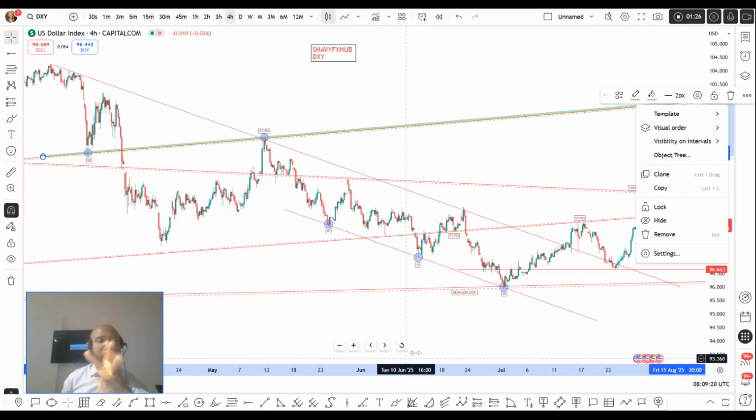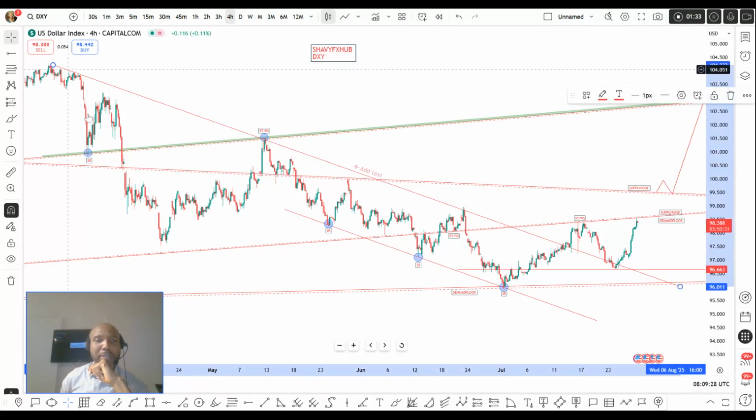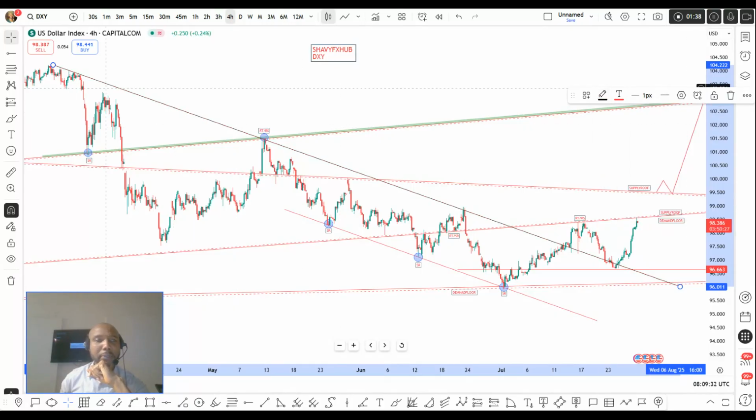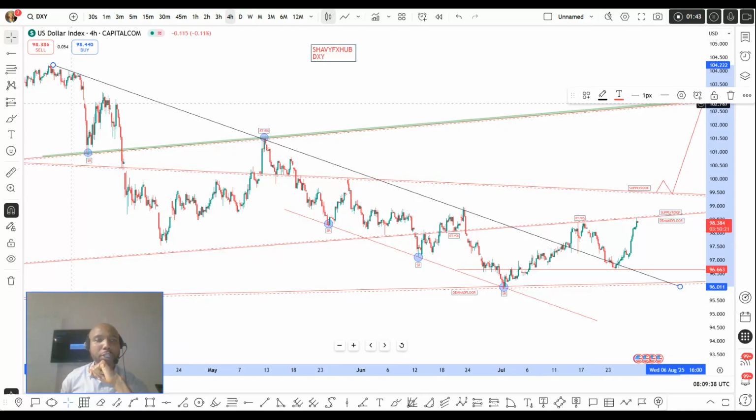And this is a quick snippet, and we want to save time. Now you see from a structural perspective, we have a descending trend line connecting the month of April 2025.